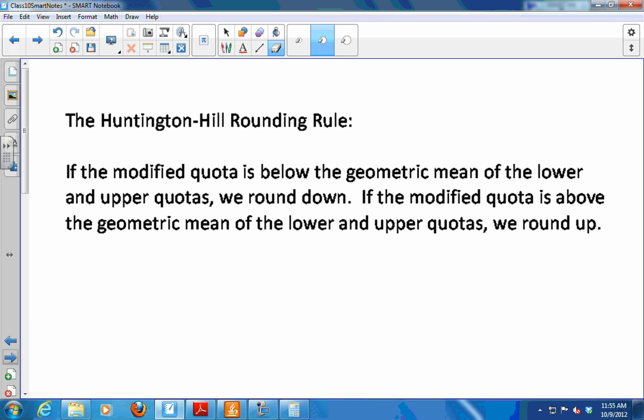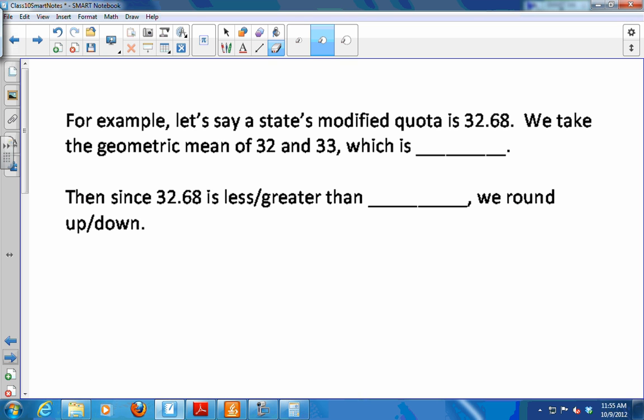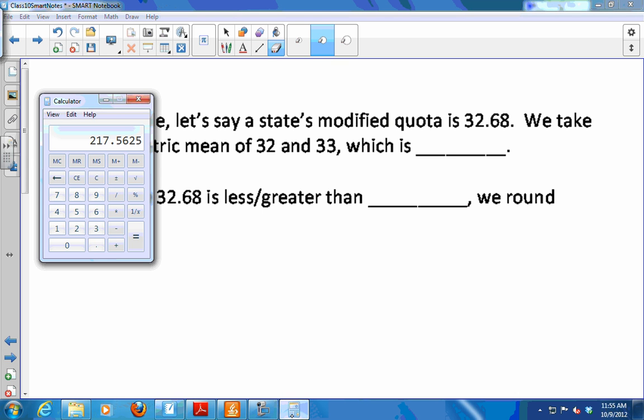If the quota is below the geometric mean of the lower and upper quotas, round down. If the quota is above the geometric mean of the lower and upper quotas, you round up. So let's, for example, say a state's modified quota is 32.68. We have to decide how to round that. We have to take the geometric mean of 32 and 33, the lower quota and the upper quota.